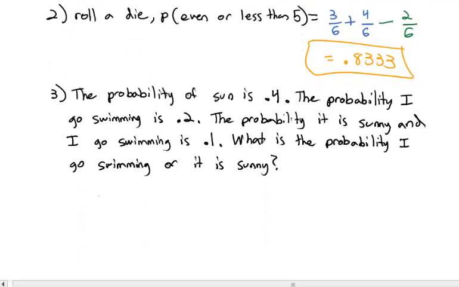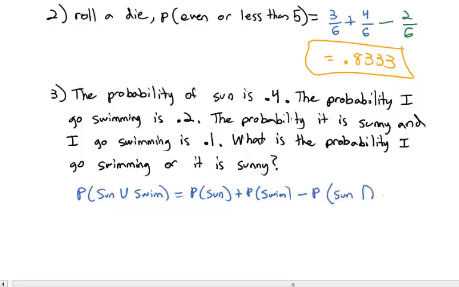Well, we know from our formula that the probability that it is sunny or I go swimming is equal to the probability of sun plus the probability I swim minus the probability of both sun and swim.